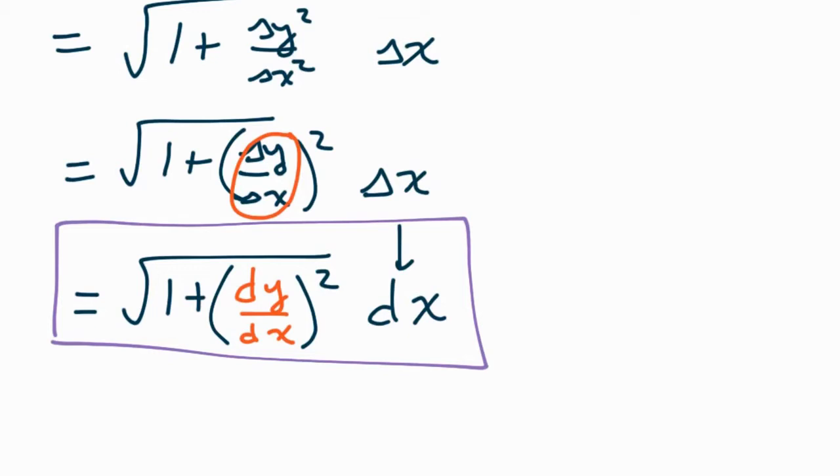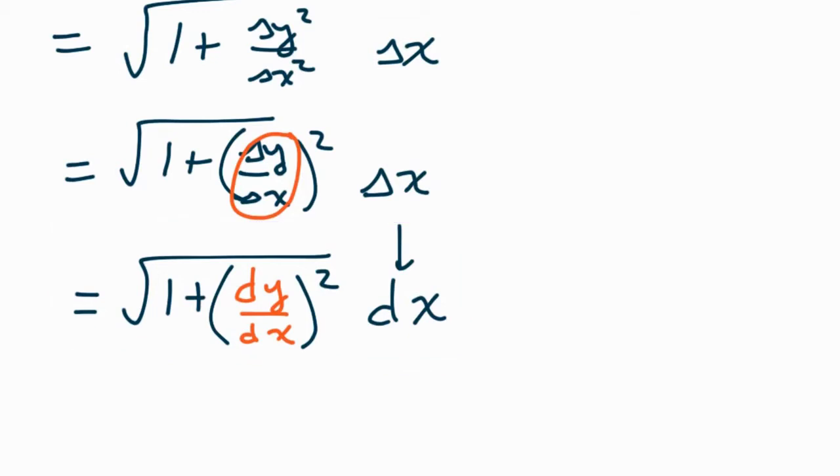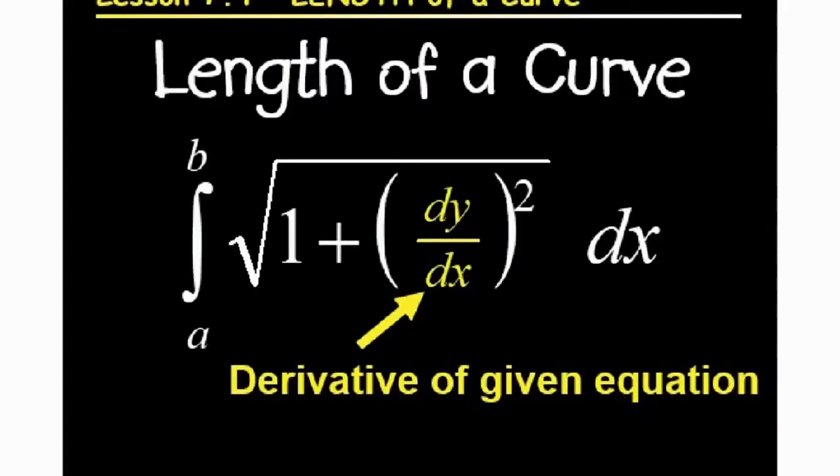And now when we integrate this, that is when we do the integral of this statement, we actually have variables that we're able to define. So check this out. The length of a curve will end up being the integral from a to b of the square root of 1 plus the derivative squared. That should ring in your mind a little bit.